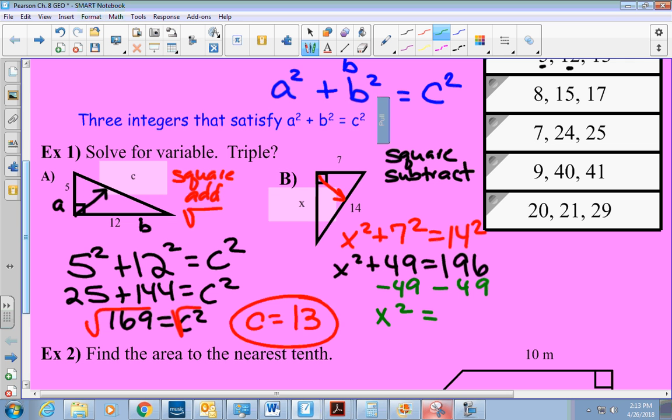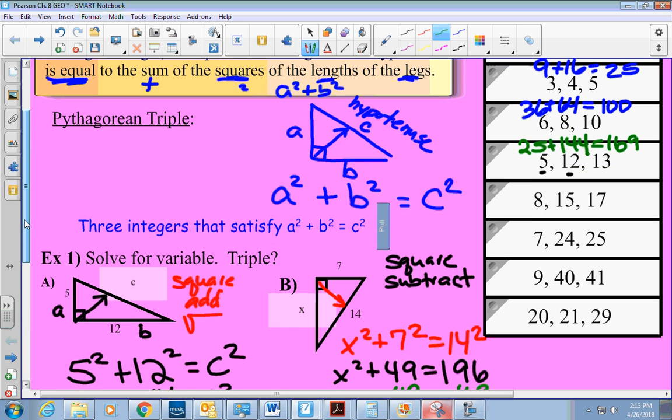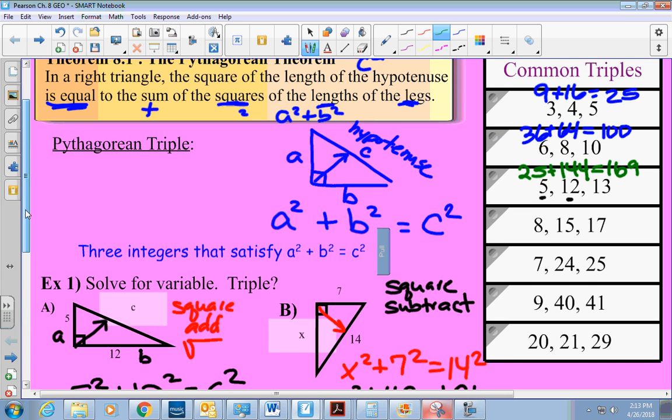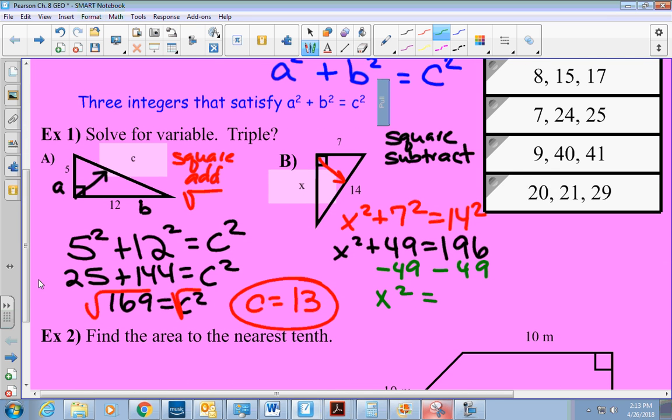I'm looking to see if this is one of our Pythagorean triples so that I can stop thinking, and it's not. 196 minus 49 is 147. That is not a perfect square.